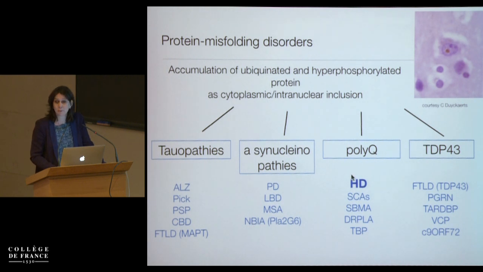Then the polyglutamine disorders, very interesting because you have Huntington's disease and all the others declined here, and TDP-43 with the frontotemporal dementias. What they all have in common is cognitive deficits, dementia. They all have them in a more or less pronounced manner, in the beginning of the disease or later, but they all have this.